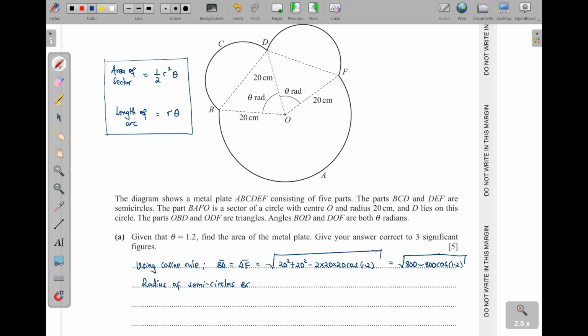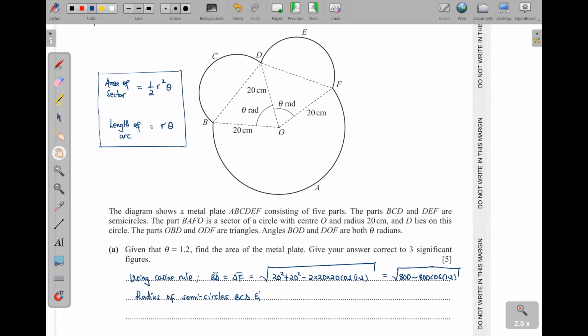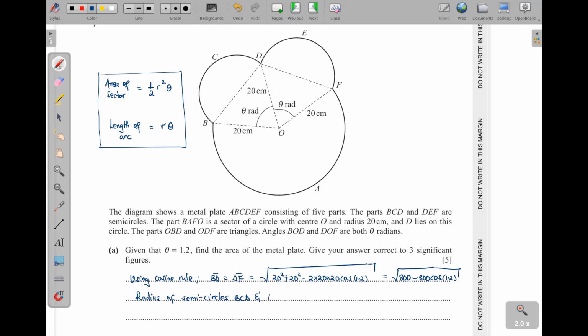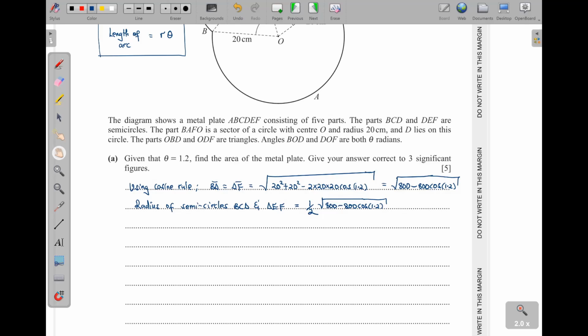BCD and DEF. This one is going to be a half of what we get out of here. So a half of the square root of 800 minus 800 cosine of 1.2. I'm going to leave it there exact. I'll round off at the end of it all.